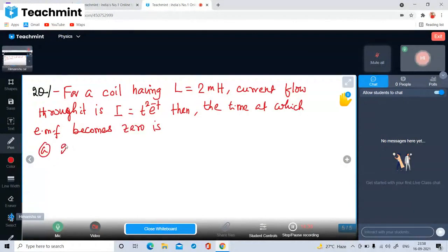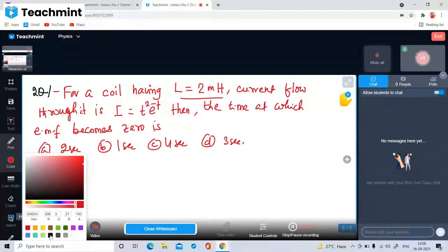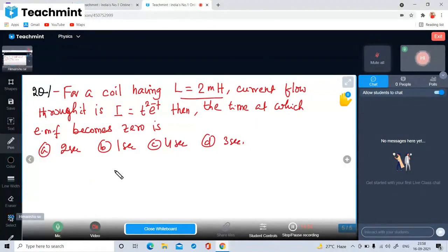Option A 2 seconds, option B 1 second, option C 4 seconds, option D 3 seconds. So beautiful question. So L is 2 millihenry, so let's convert to the black color. So L is equal to 2 millihenry, means 2 into 10 to the minus 3 Henry.